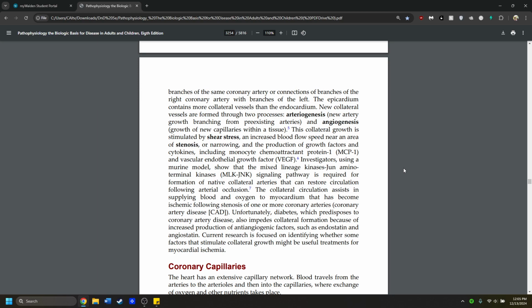Unfortunately, diabetes, which predisposes to coronary artery disease, also impedes collateral formation. Because of the increased production of anti-angiogenic factors, such as endostatin and angiostatin, current research is focused on identifying whether some factors that stimulate collateral growth might be useful treatment for myocardial ischemia.